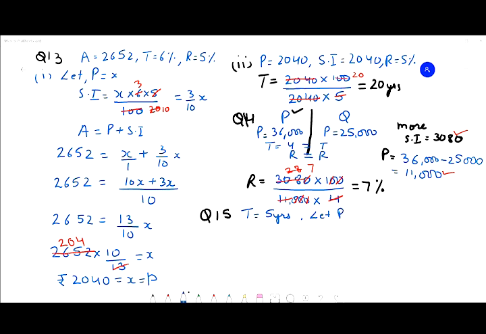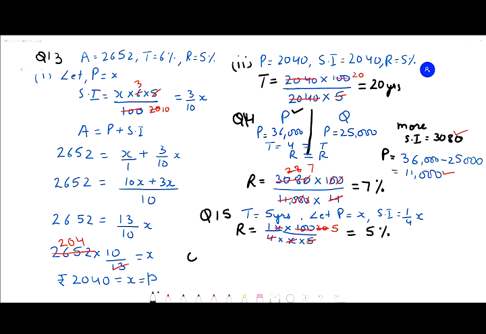If principal is X, so SI will be 1/4 X. Now I have to find out the R. My R will be SI 1/4 X multiply with 100, principal X, time 5. I'll cut it up, X with X, 5, 20, 4, 5. That means my rate will be 5%.